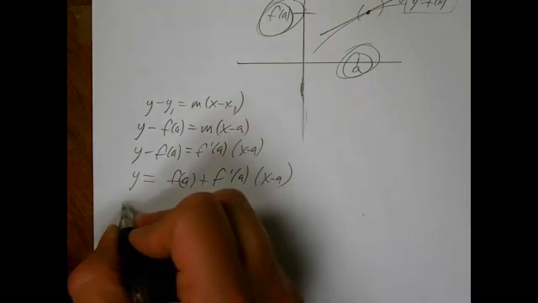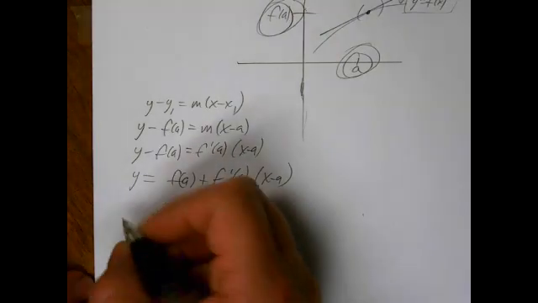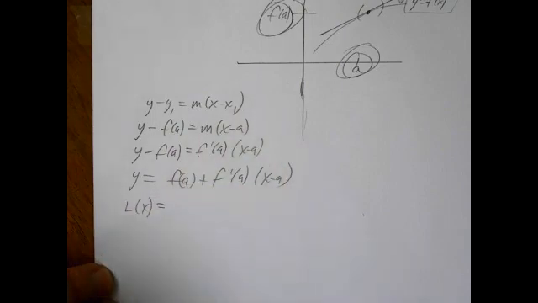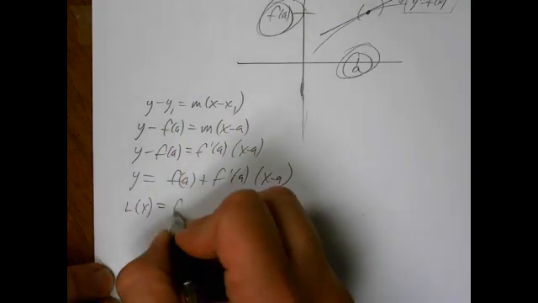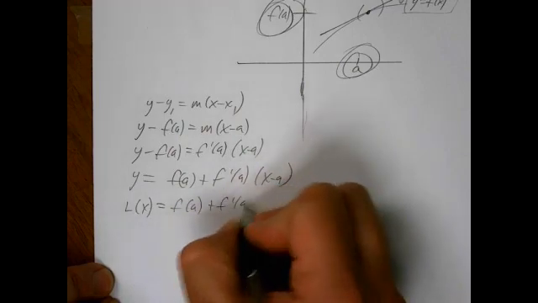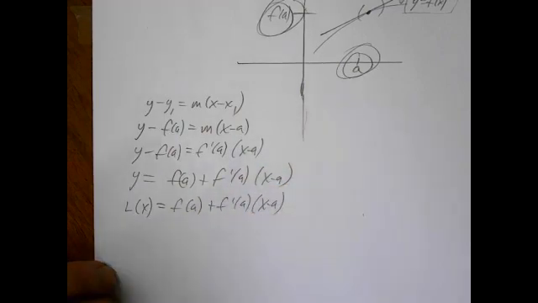So switching notation, our linearization for x values close to a will be equal to f of a plus f prime of a times x minus a.